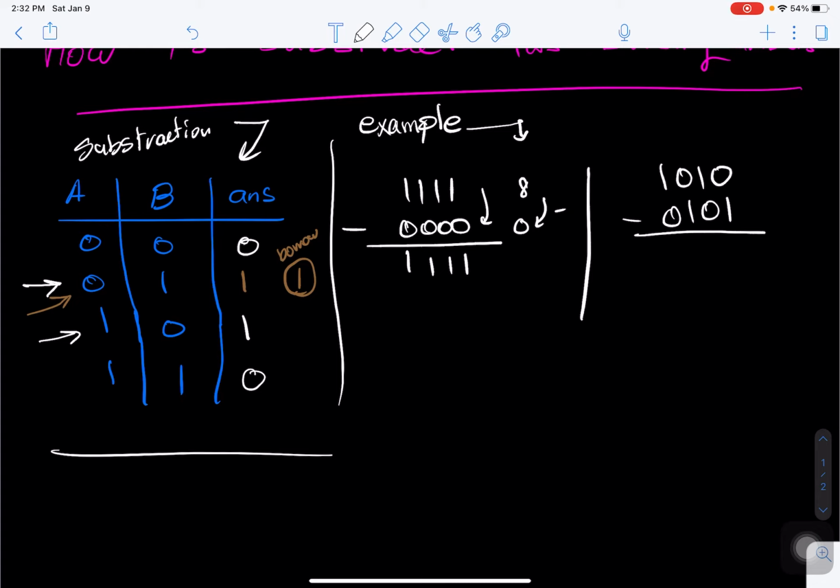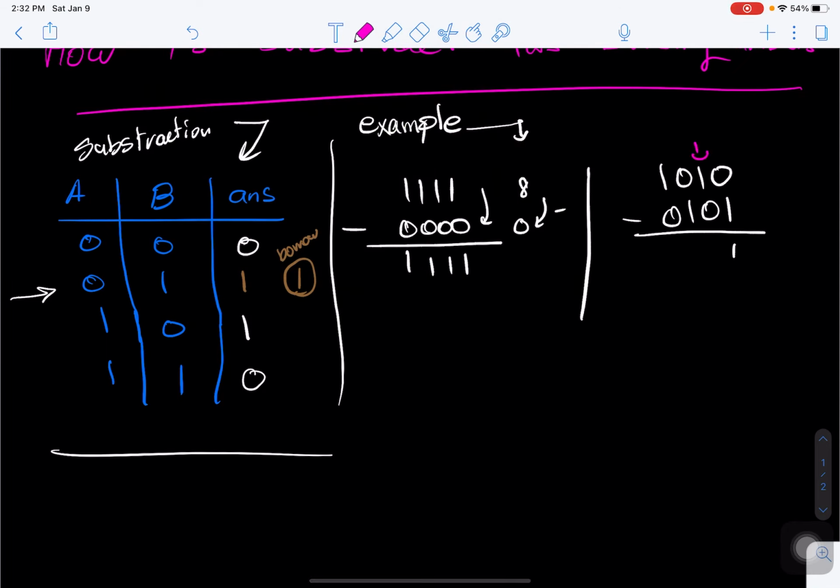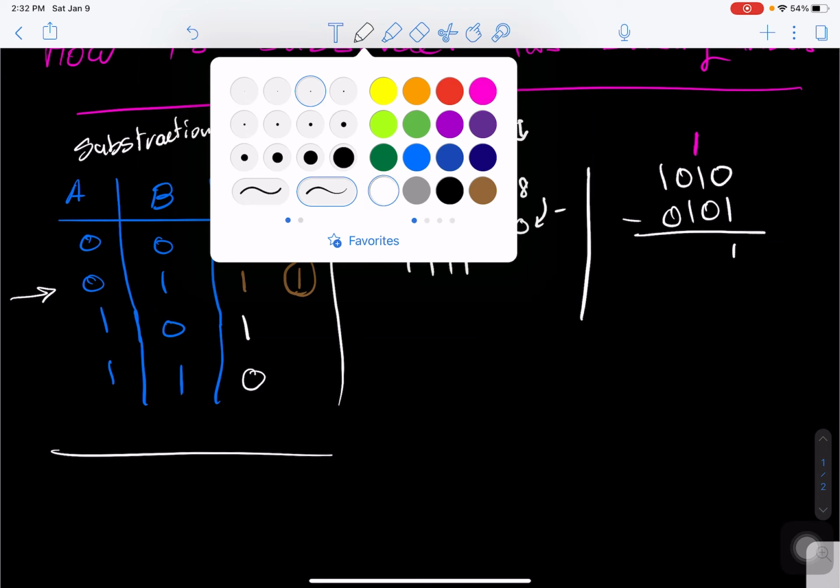The very first one we have is 0 minus 1, which is this one. So it's going to be 1, and then you borrow 1 from the next column, which we write as just 1 on top of the next number.